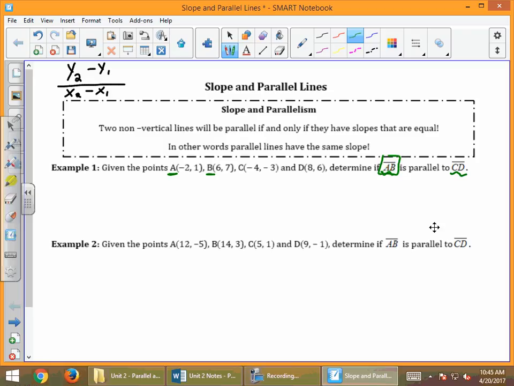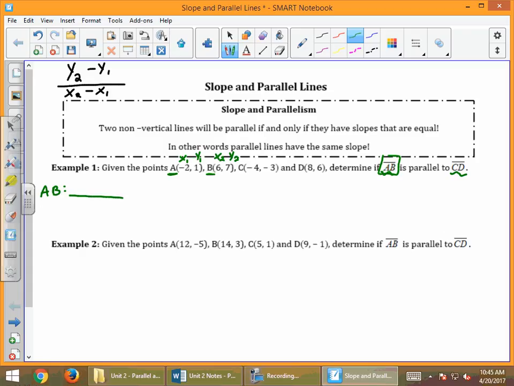Again, x always comes first in the point, so in point A, negative 2 is our x1, because that's our first x. 1 is our y1, because it's our first y. So in point B, 6 is x2, and 7 is y2. That's our second x and our second y. Then you just take those values and plug them into the right spot in our formula.